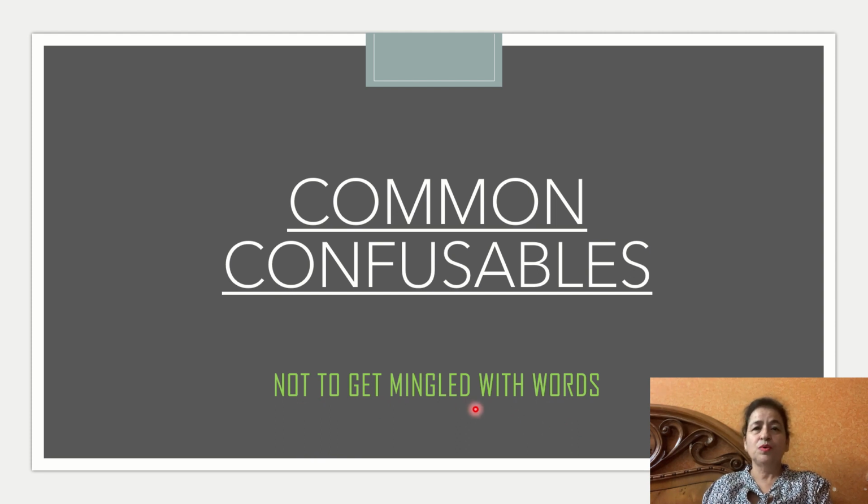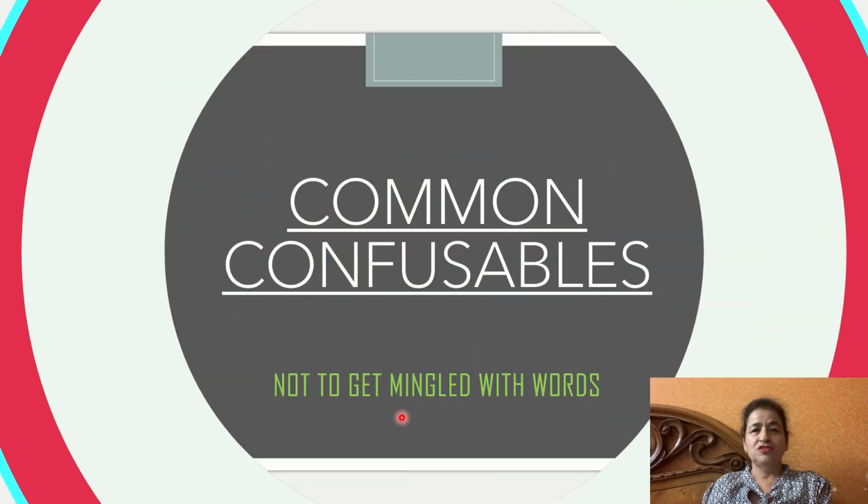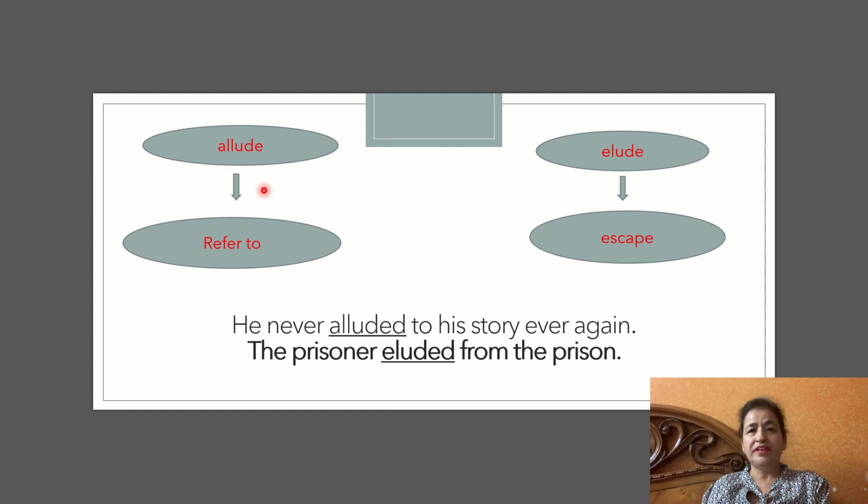Okay, the first pair of words in the list of these 20 words, the first confusables, are allude and elude. One is ALLUDE, which means to refer to, and the other is ELUDE, that is, to escape.